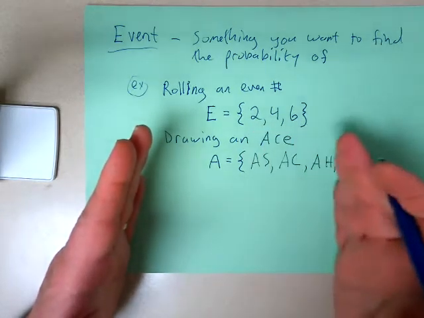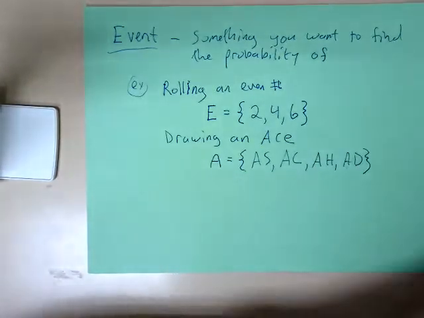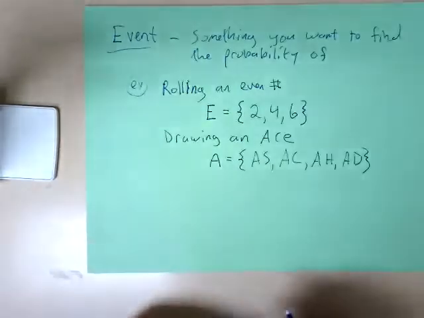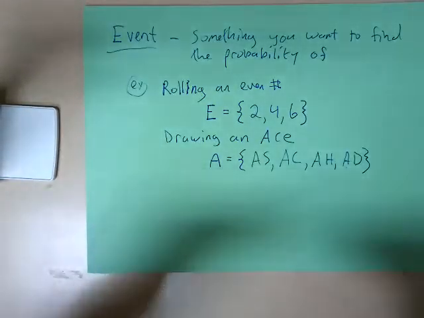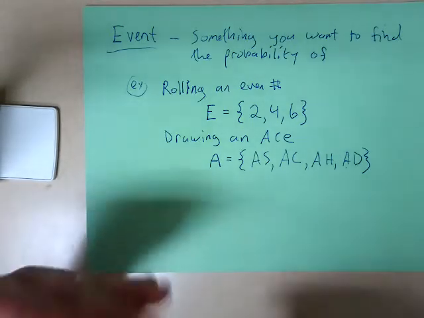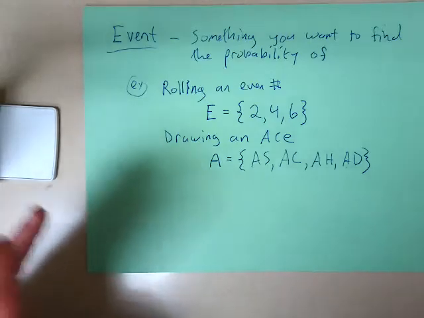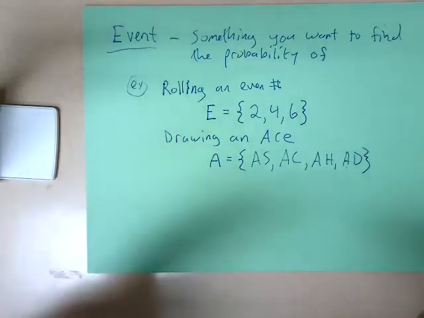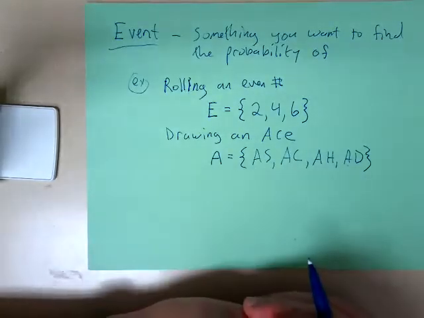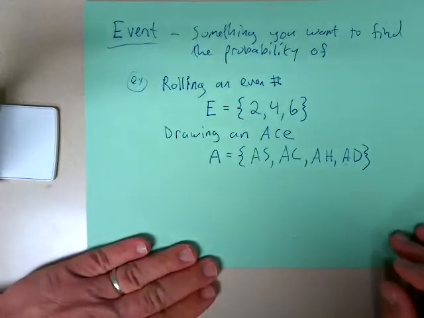Because there's 4 aces in the deck. So each individual ace is an outcome, and all 4 of those together make up the event, drawing an ace. Okay, so you got to kind of keep those separate. So the outcomes of the experiment are those single possible outcomes that could occur, and the event is something you want to find the probability of, which can contain multiple outcomes.